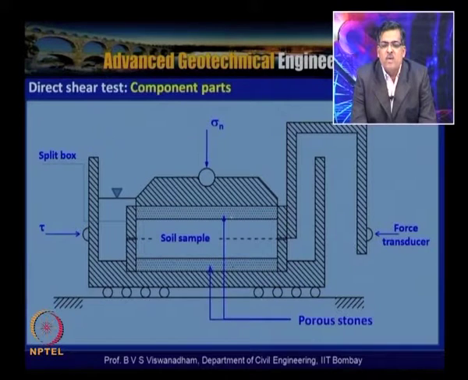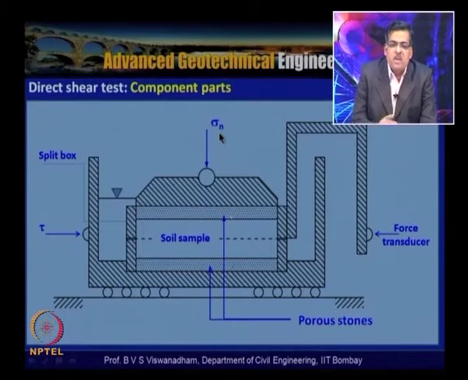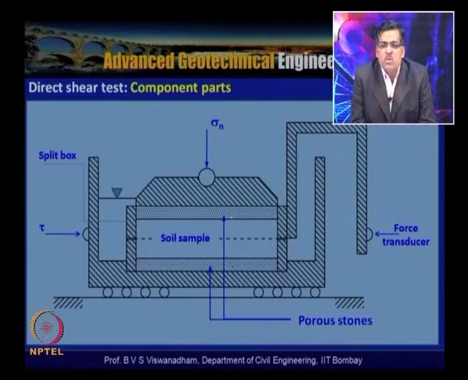And in order to allow drainage, you have the porous stones, and then we have the loading plate, which can go down or go up, and it is slotted here. With a lever arm arrangement we apply the normal stresses, maybe in the range of 25 kilopascals to 300 or 400 kilopascals.